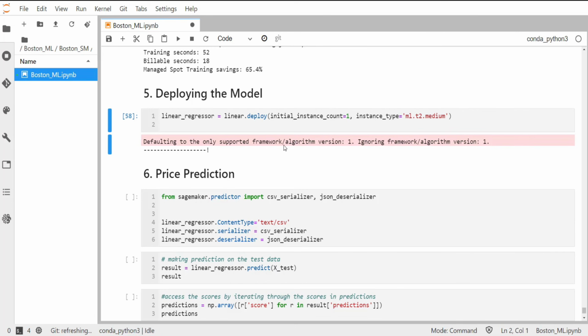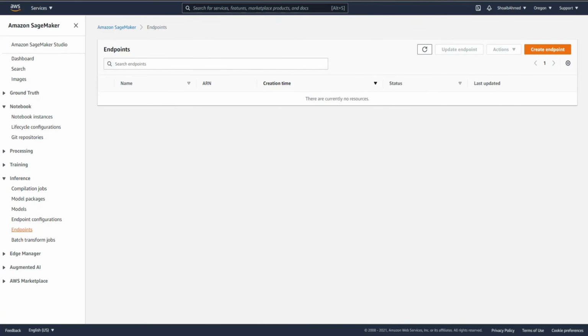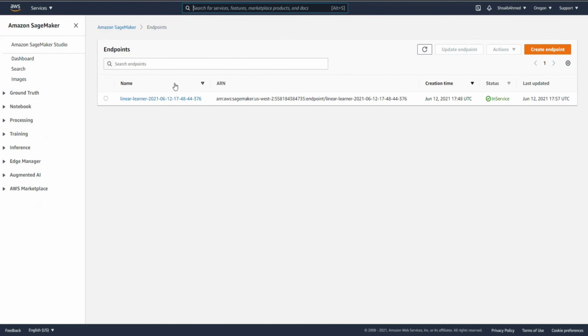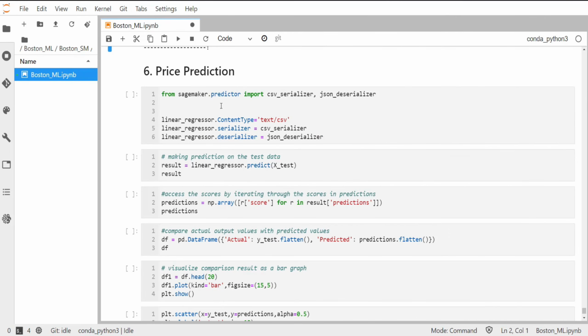Now let me show you the endpoint in the SageMaker dashboard. Here it is. Now let's start our prediction. So here we import the SageMaker predictor, and from that we have imported the CSV serializer and JSON deserializer. Reason being that the input for our model is in CSV format and the output we will get will be in the JSON format.